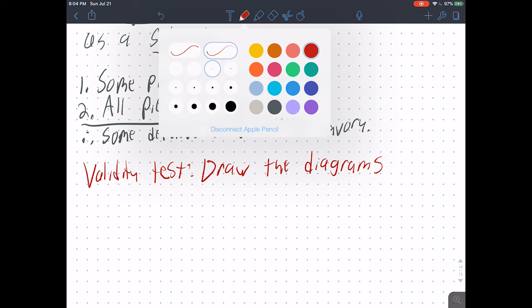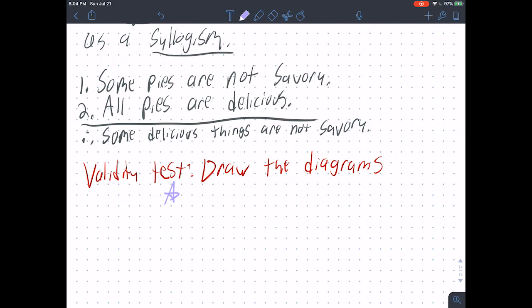And there's one important thing to note here, which is that you have to shade type A and E sentences before you put the X for type I and O sentences.